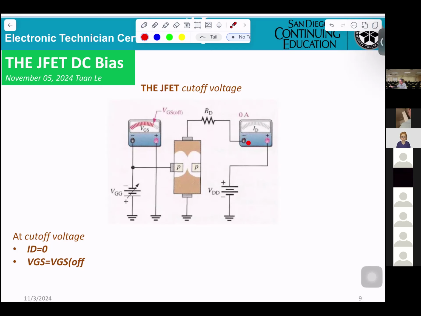That's why when they measure the current ID, you get 0 amps. So make sure that for a JFET at VGS off, you have no current ID. That's what they summarize here: at cutoff voltage, ID equals 0 and VGS equals VGS off.